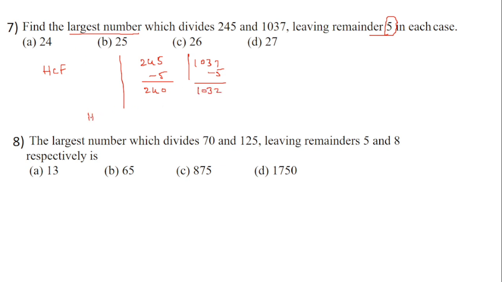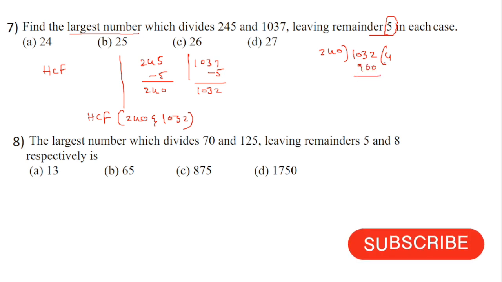So the required largest number is the HCF of 240 and 1032. We will use the long division method, or else the continuous division method. 1032 divided by 240 is 4 times 960, and 72 is the remainder here. Now this 240 becomes the dividend and this remainder becomes the divisor.